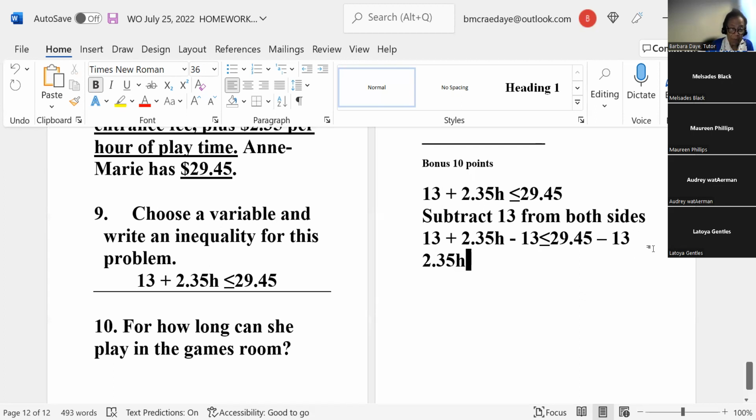Now, what did you get on the right side? You said 16.45. Let me put the 16.45. And then what did you do, Audrey? Then I divide by the 2.35. Then divided by the 2.35. So H, and let's just put the less than or equal.